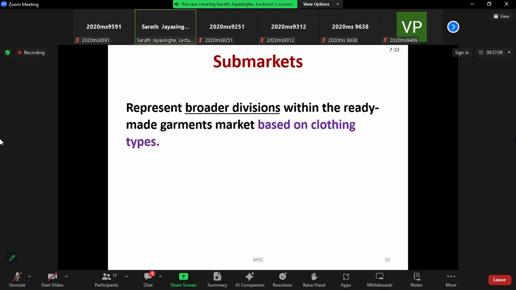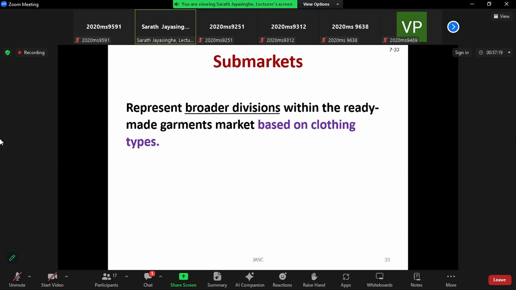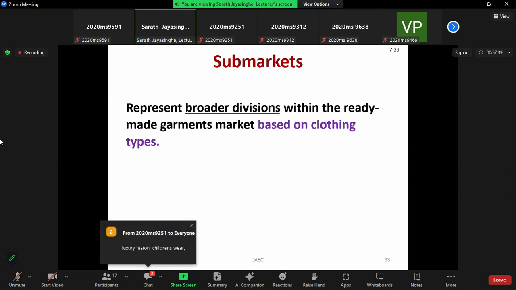Any submarkets about this garment industry? Now you know what is a market, what is a submarket. So we talk about the education industry, banking industry. Now if you take the clothing industry, what are the submarkets? Can somebody answer?